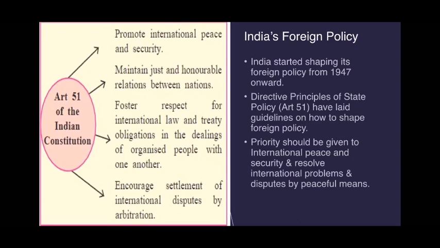So Article 51 says that we need to promote international peace and security, maintain just and honorable relations between nations, foster respect for international law and treaty obligations in the dealings of organized people with one another, and encourage settlement of international disputes by arbitration. Arbitration means any disputes that arise should be settled by talking, by dialogue, and not by violent means.